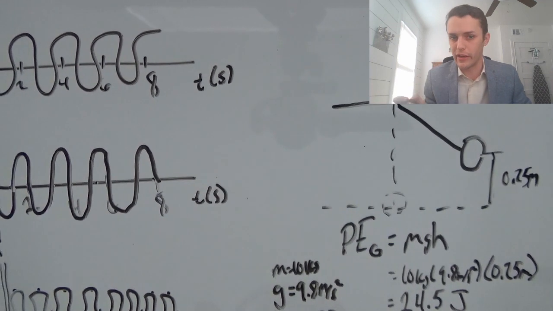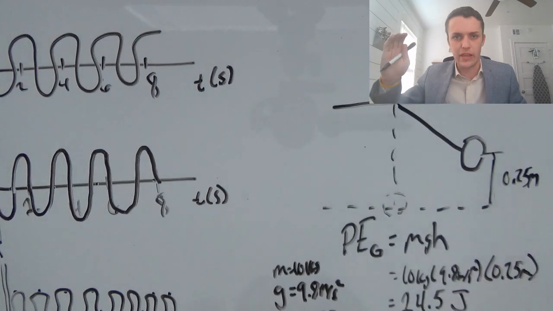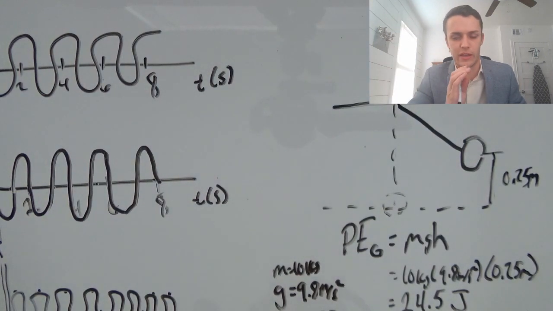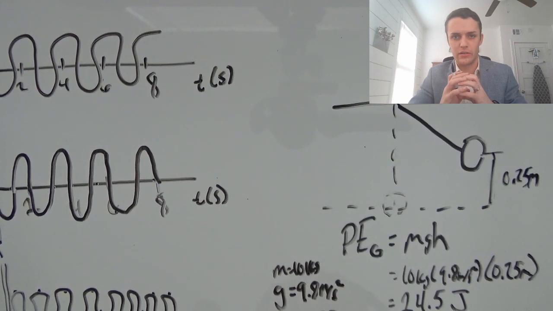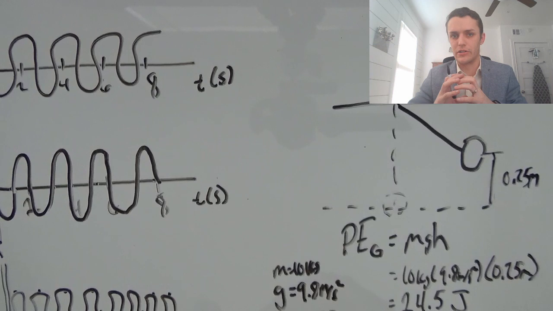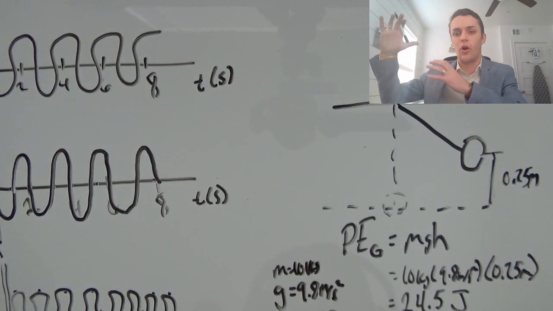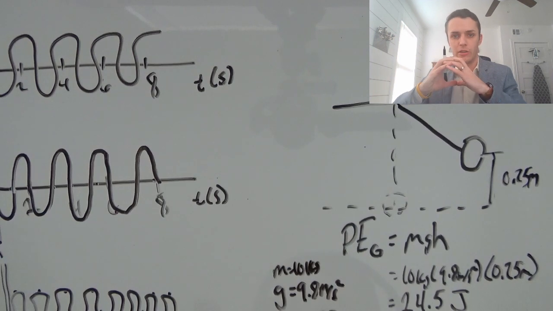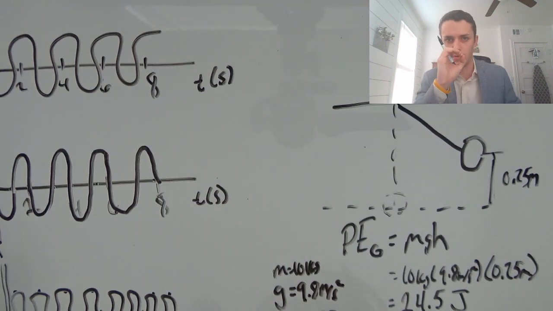And we also said that your potential energy is converting into kinetic energy as it swings. So at the point at which you have zero potential energy, all of your potential energy has been converted into kinetic energy. So all of those 24.5 joules are now kinetic energy right here at the bottom. And then it starts going back up and kinetic turns back into potential. But we're concerned about that maximum here in the middle at the bottom.